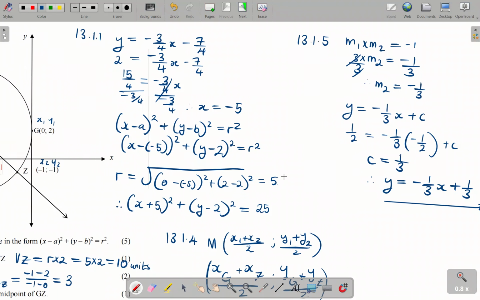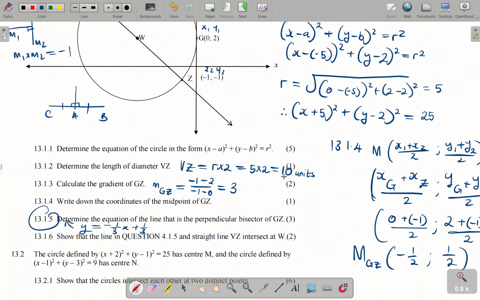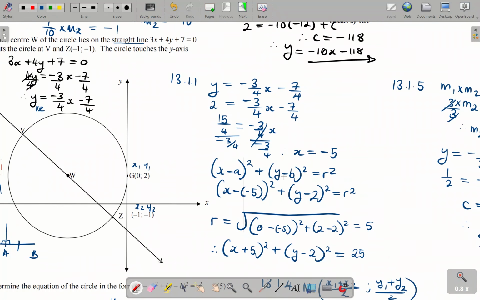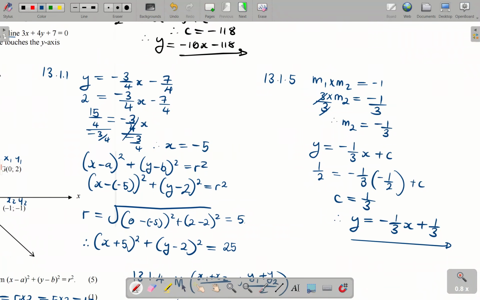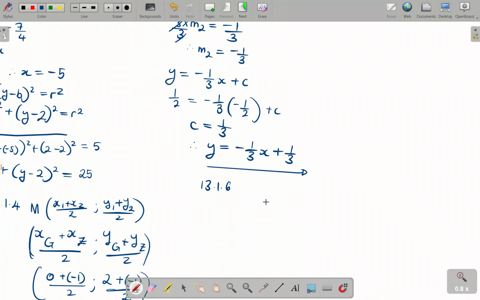So what is the equation of VZ? And we have the equation of the perpendicular bisector there. So VZ is this one. Let me write it here, 13.1.6.